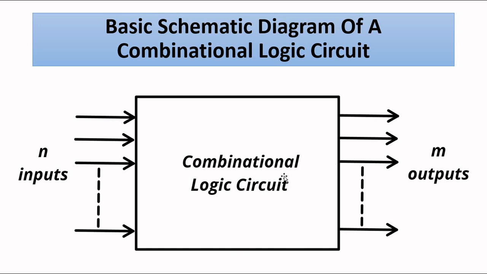It is formed of different combinations of logic gates, basic logic gates such as NOT, AND, OR, XOR, XNOR, and the universal gates NAND, NOR, which are arranged in different ways according to the logic implementation, the Boolean algebra expression which we have to implement. So it consists of n inputs and m outputs depending upon the requirement.